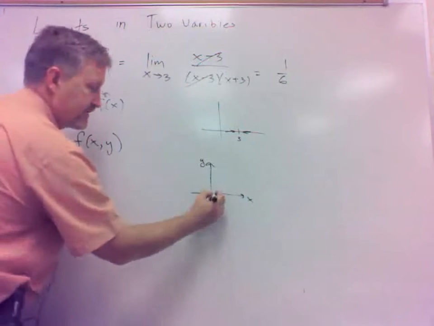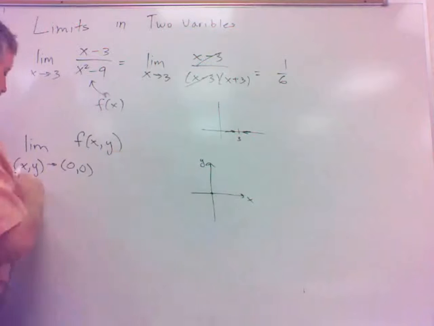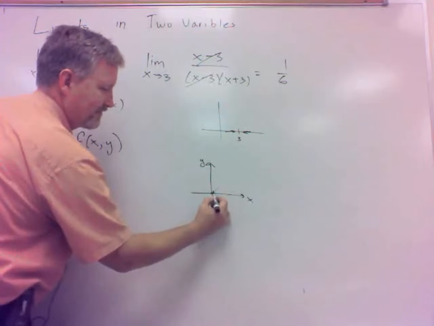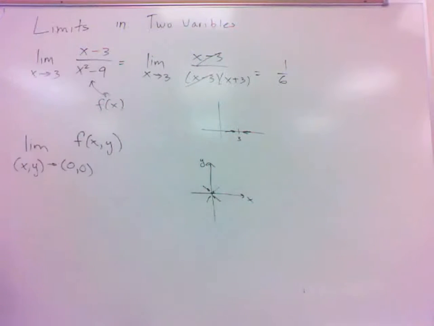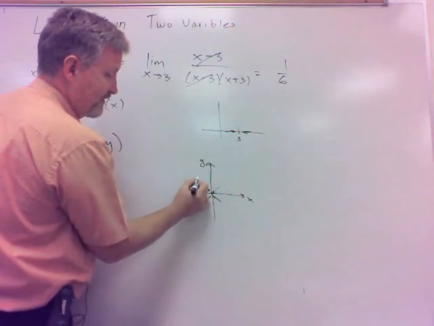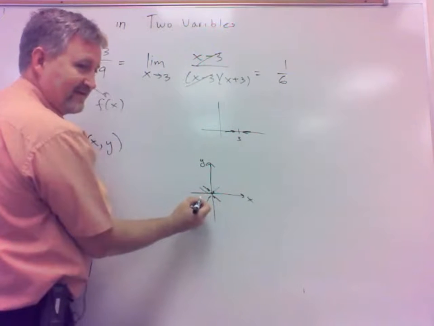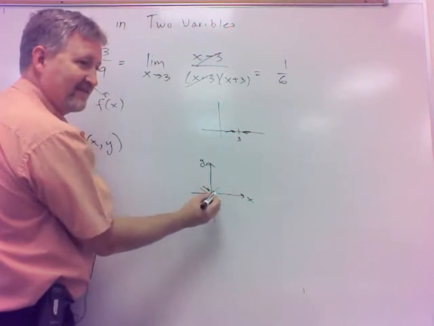We're approaching, in this case, 0, 0, but x, y can approach any way we see fit. We can approach here, here, here, here, and it doesn't even have to be a straight line. It's in the plane, but it could be approaching with a parabolic kind of thing, along y equals x squared, right?